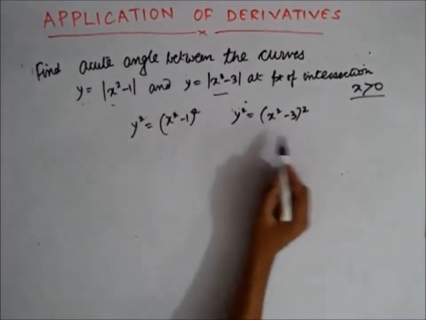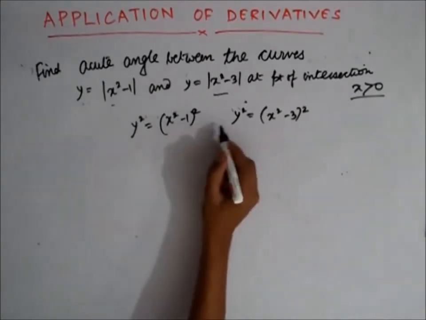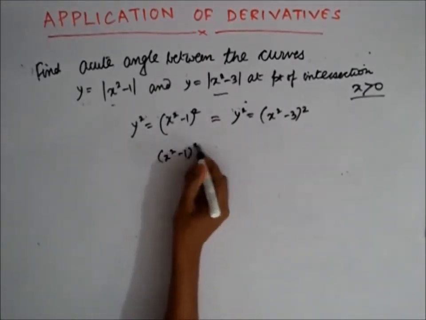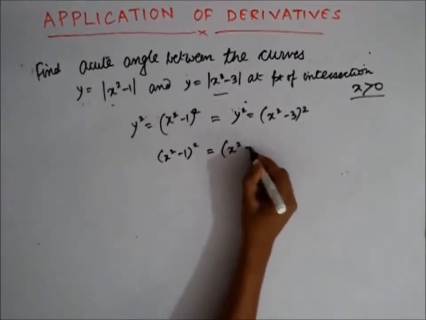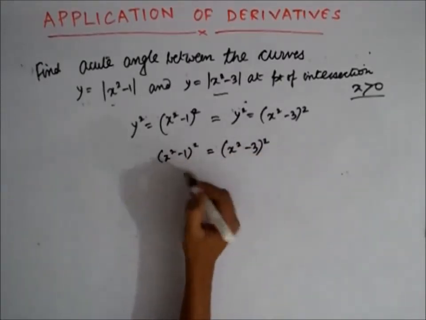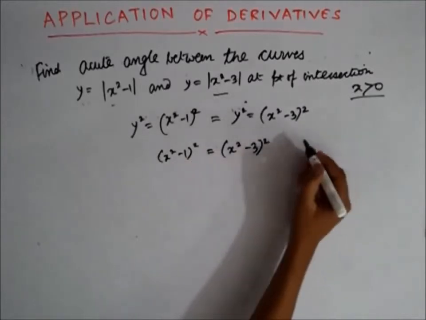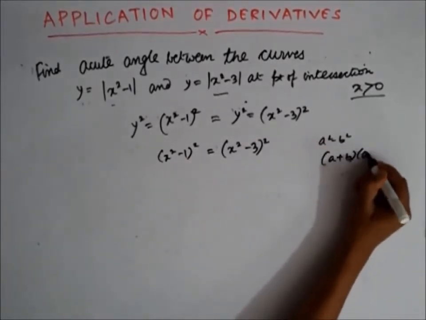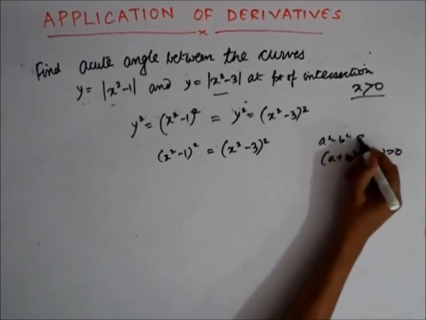Since we need to get the point of intersection, when I equate these two, I'll get x square minus 1 whole square is equal to x square minus 3 whole square. Bring this to this side, so I'll get something of the form a square minus b square, which I can write as a plus b into a minus b equals to 0.